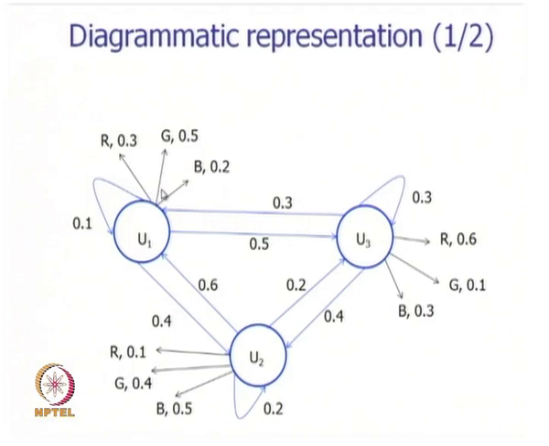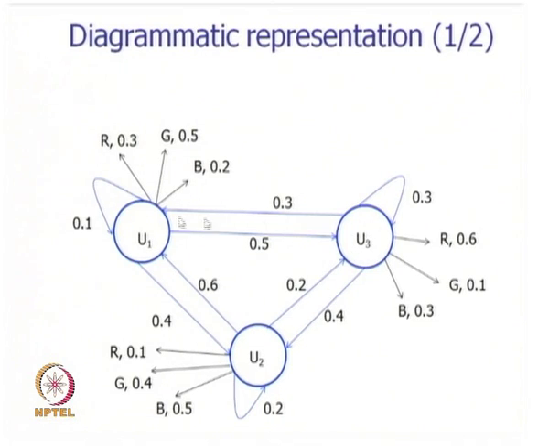We see here that for arm 1, the probability of coming back to arm 1 immediately is 0.1, and the probabilities of drawing red, green and blue balls are 0.3, 0.5 and 0.2 respectively. Similarly, for arm 2, the probability of coming back to arm 2 is 0.2, and the red, green and blue ball probabilities are given here.